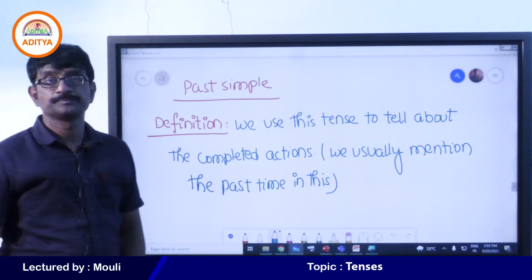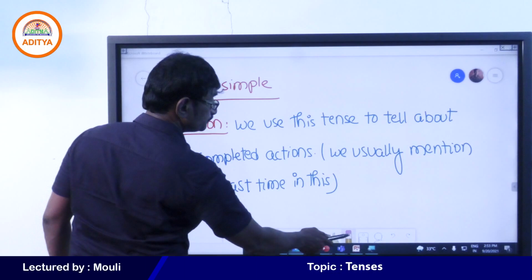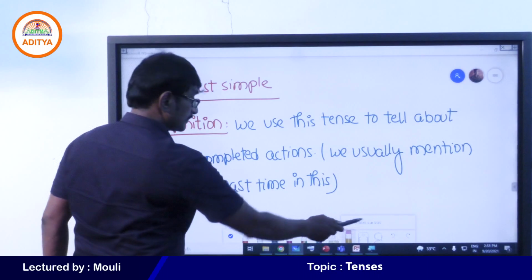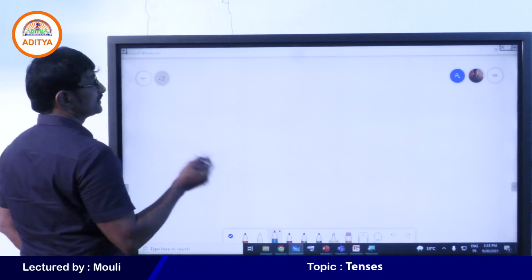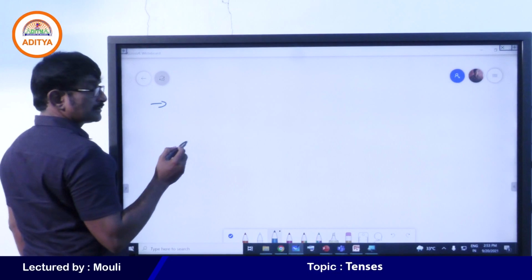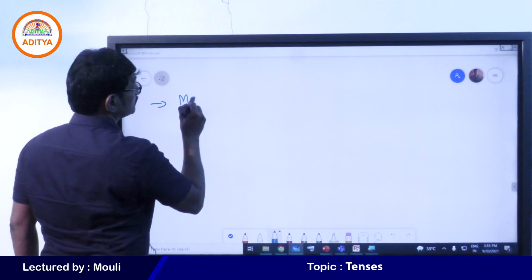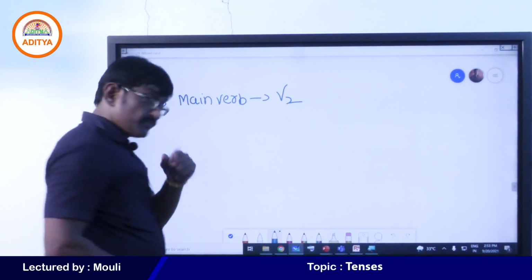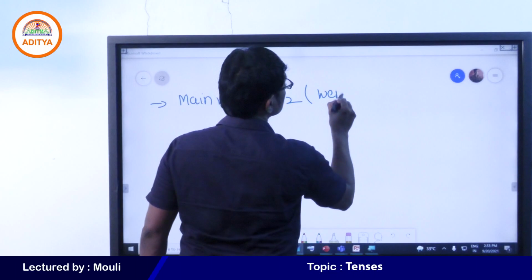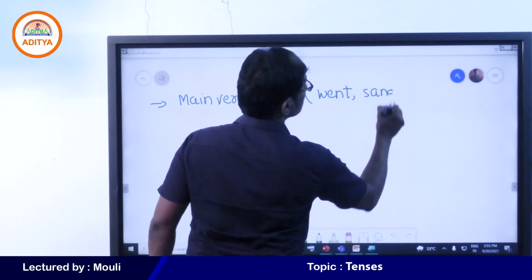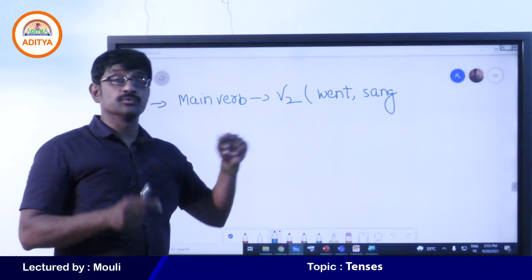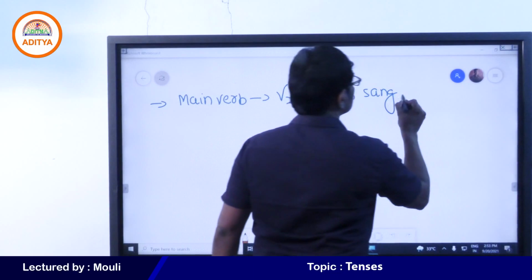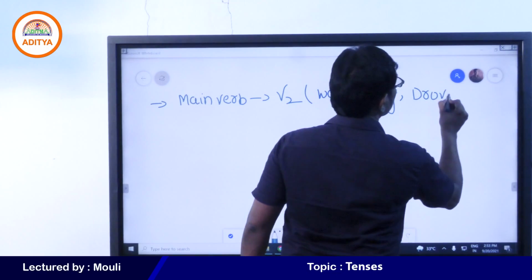Now you see, in this the main verb will be V2, students. V2 means like go, went, gone; sing, sang, sung; drive, drove, driven.